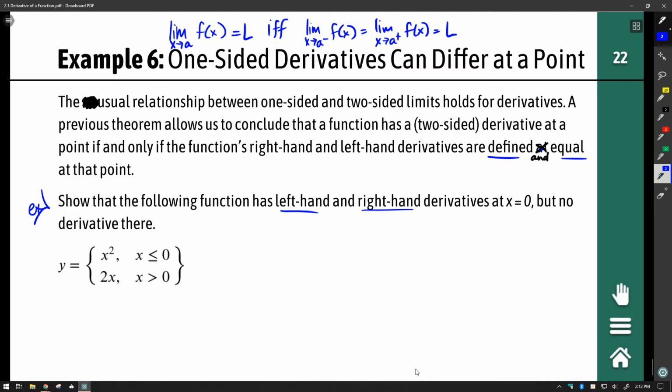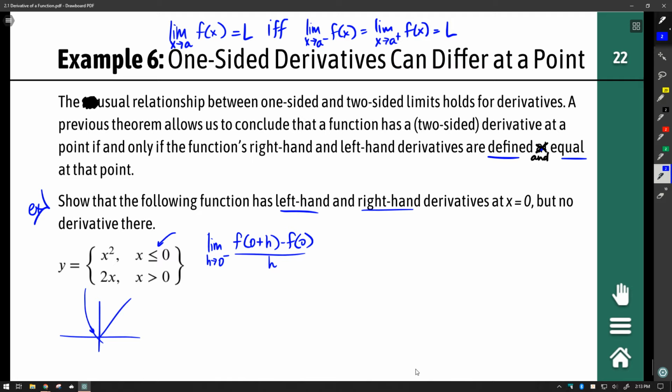So let's get started. The point is 0, and we can kind of envision this graph doing one thing, x squared, to the left of 0 and then to the right of 0 doing another thing. And so at 0, we would want to come in from the left side here with the x squared term. So let's set up a limit as h goes to 0 from the left of f of 0 plus h minus f of 0 all over h.